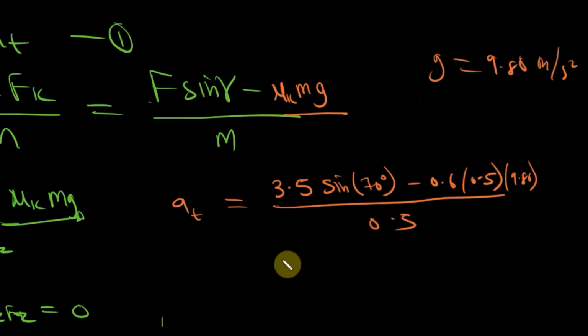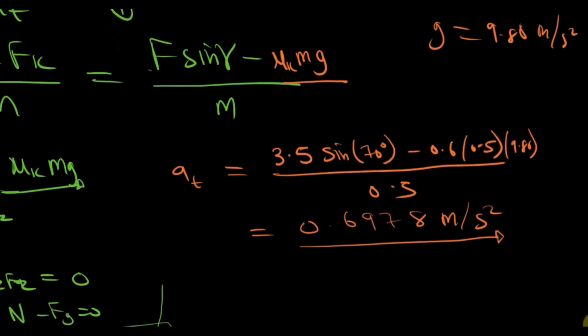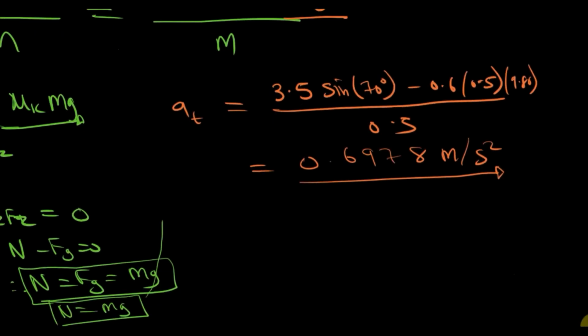Mass is 0.5 because 500 gram divided by 1000 gives you 0.5 kilogram. So this should give us 0.6978 meters per square second. Okay, cool. So we have that.